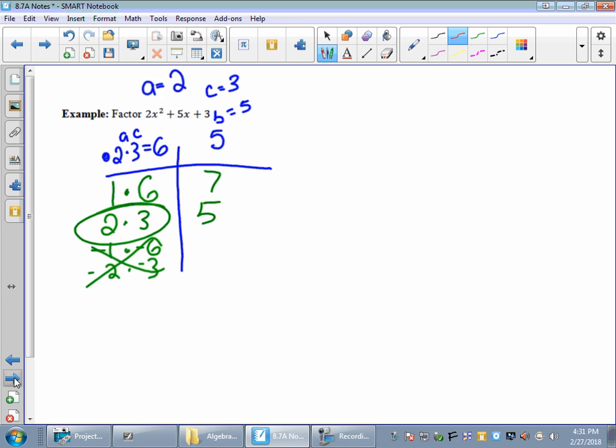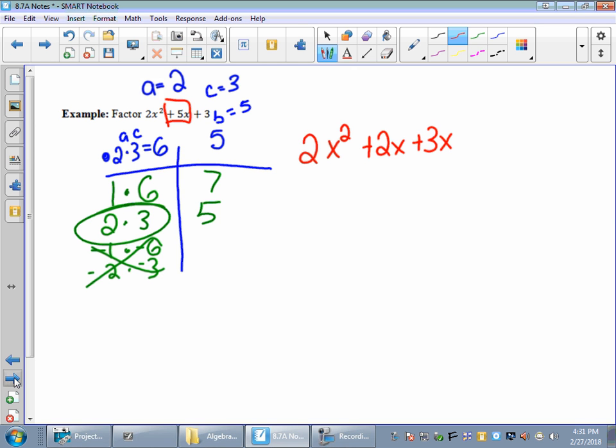So let's move on to step number 2 in the AC or product table method. Means I'm going to rewrite my polynomial. I have 2x squared. I write that the same. Instead of this positive 5x, I'm going to break it into a positive 2x plus my 3x.